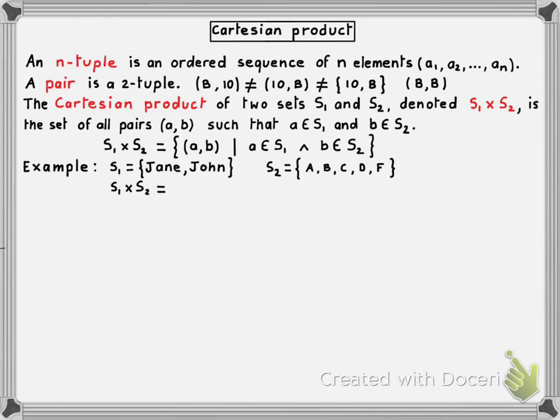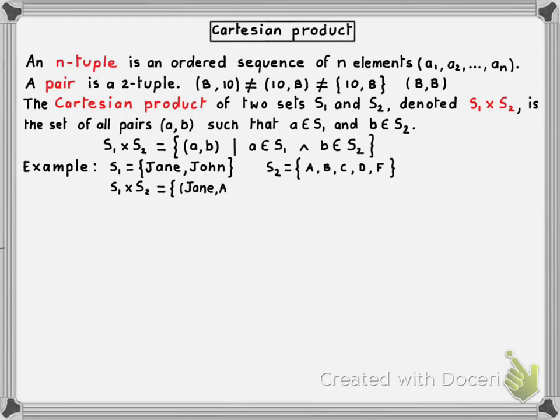Now, what is the Cartesian product of S1 and S2 in this particular example? Well, remember, it's a set and each element of that set is a pair where the first element is either Jane or John, and the second element is one of the letters in S2. So you have to consider all possible such pairs and write them down in any order to make up the set S1 Cartesian product S2.